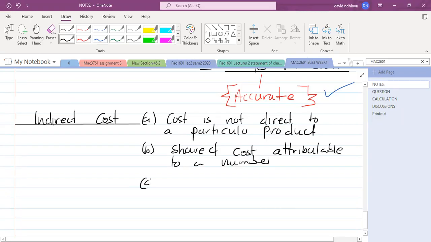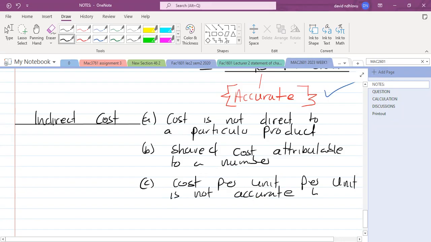So cost per unit cannot be accurate; it is estimated. That's the main difference.